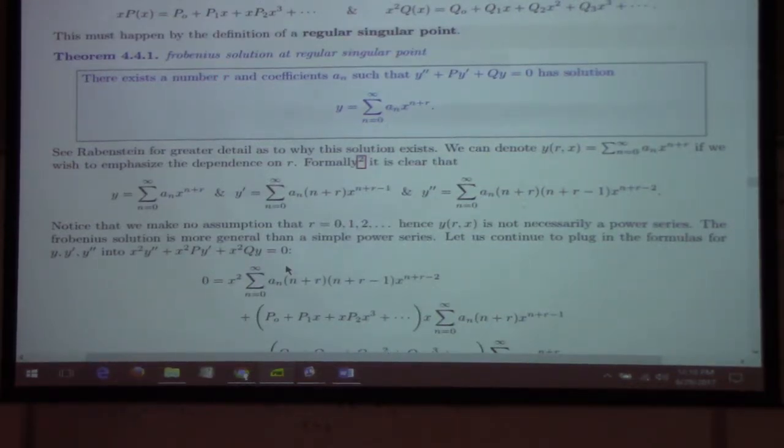That r is basically like the big R I was using at the start of today. You can think of it as the same thing. All right? Such that, in coefficients aₙ, the sum n = 0 to infinity of aₙ x^(n+r) solves this differential equation. This is the Frobenius solution.